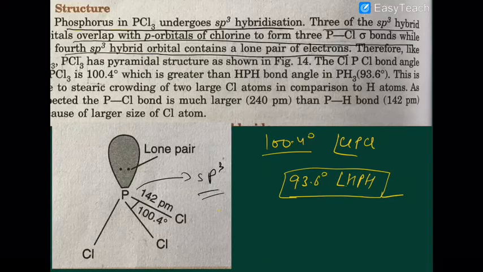Please go to my YouTube channel and go through it, where I explained at full length why you have two different bond angles. In PH3 the bond angle is near 90, but in PCl3 it is nearly 100 degrees, so we have to take Drago's rule into account. Please go to that video and check that.